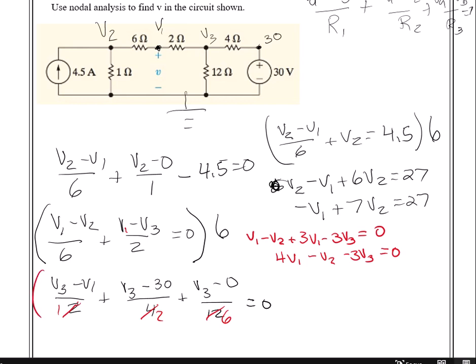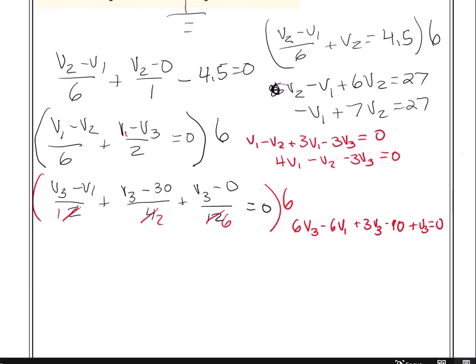And now I'll multiply the entire equation by 6, and I get 6V3 minus 6V1 plus 3V3 minus 90 plus V3 equals 0, or minus 6V1 plus 10V3 equals 90.